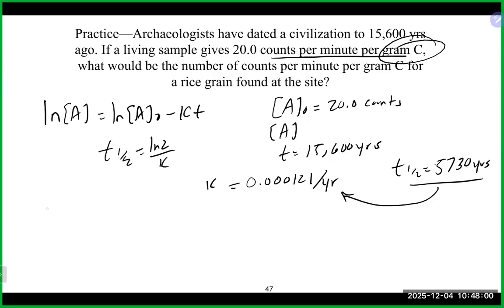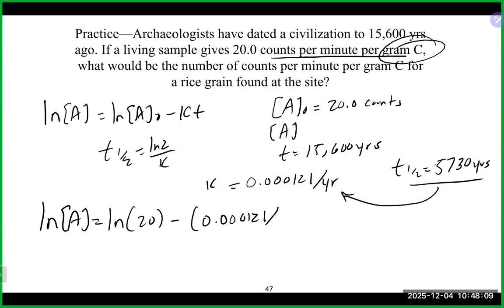So let's do that. Natural log of A is going to equal our natural log of 20 minus 0.000121 reciprocal years, and our time here, which was 15,600 years. Again, we're good in terms of our units. They're both going to cancel out correctly. That looks like it actually.